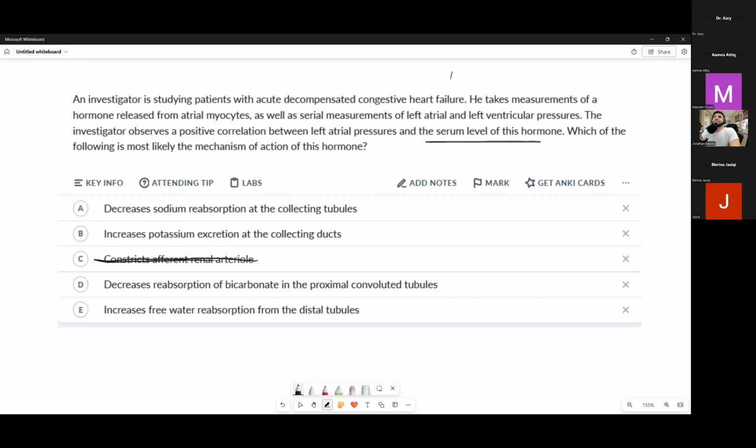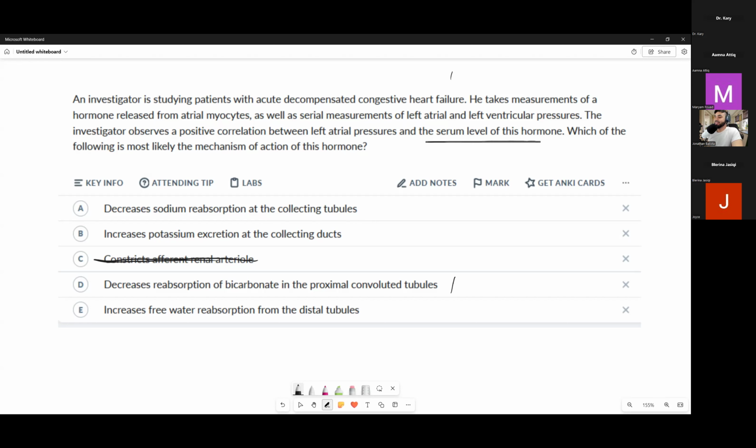And then decreases the reabsorption of bicarbonate in the proximal convoluted tubules. Okay, this seems like RTA type 2. Yeah, definitely. That's that drug. What's the drug name? Can you tell me the drug name for D? Yeah, acetazolamide, correct.